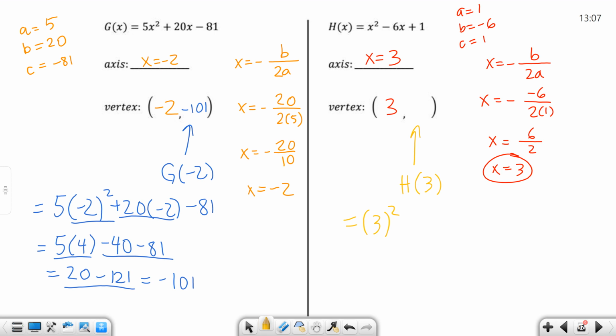But I am here just because I'm substituting it in. So negative 6 times 3 plus 1. This is going to be 9 minus 18 plus 1. 9 minus 18 is negative 9 plus 1. And then combine those, and that gives me negative 8. So the vertex there is negative 8.